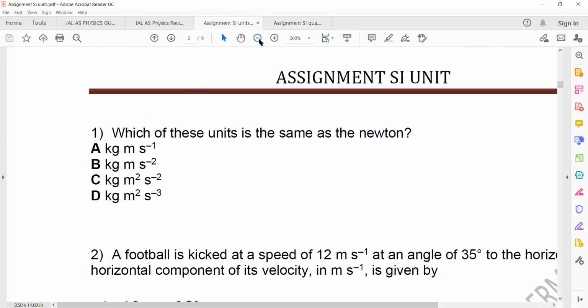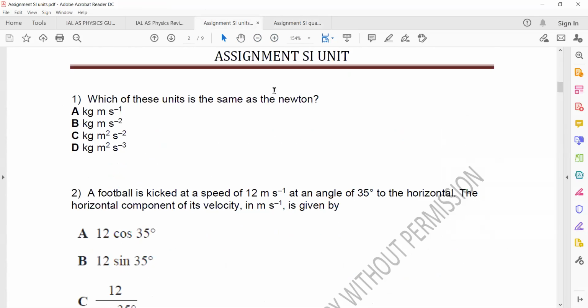So some questions related to SI quantity. Which of these units is the same as Newton? What's the answer? A, B, C, or D?